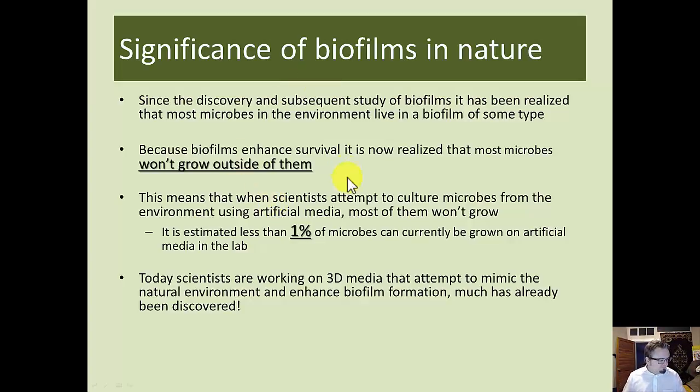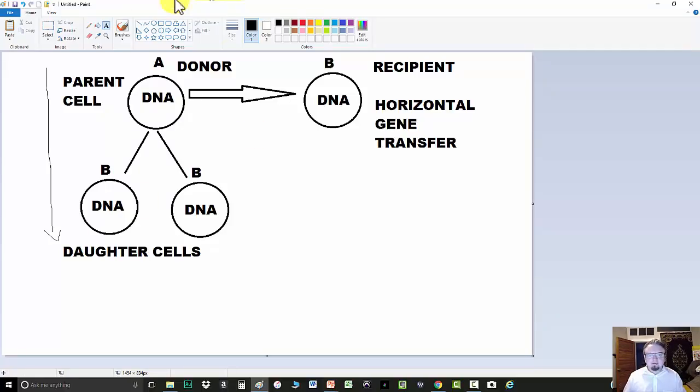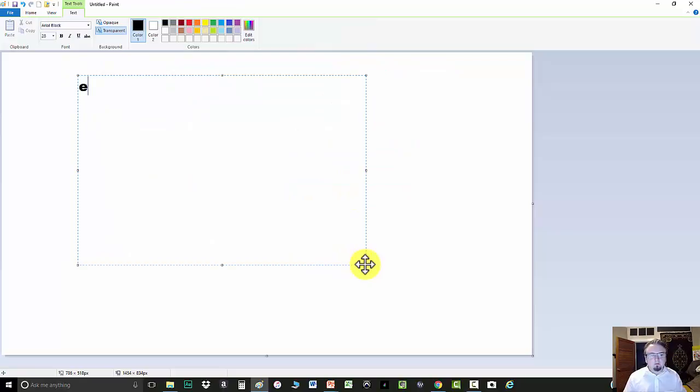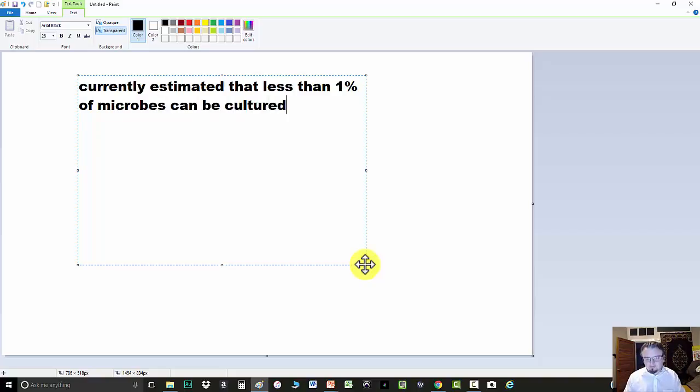One of the things you want to know about microbiology is that right now they estimate, let me just type this out here, it's currently estimated that less than 1% of microbes can be cultured and studied in the lab.